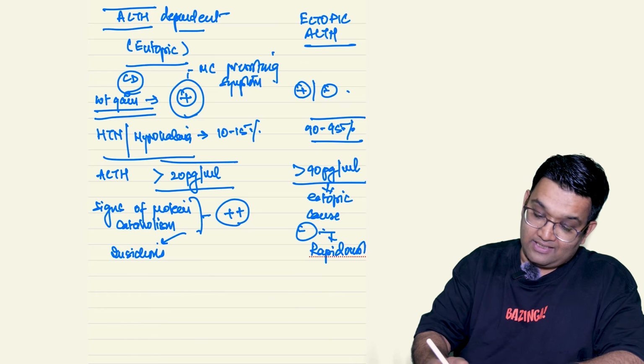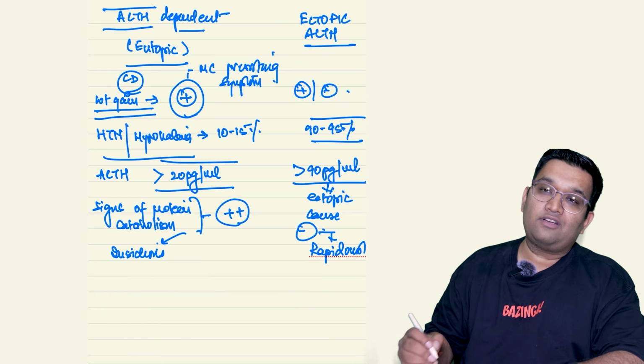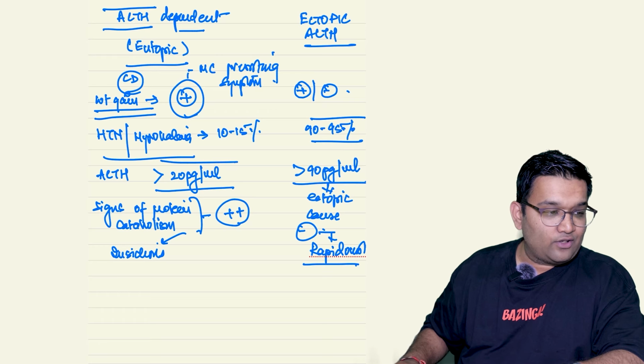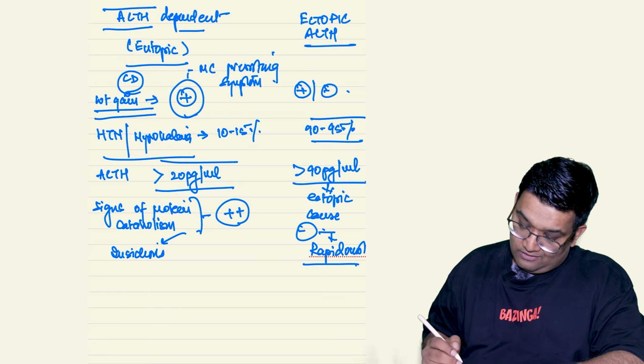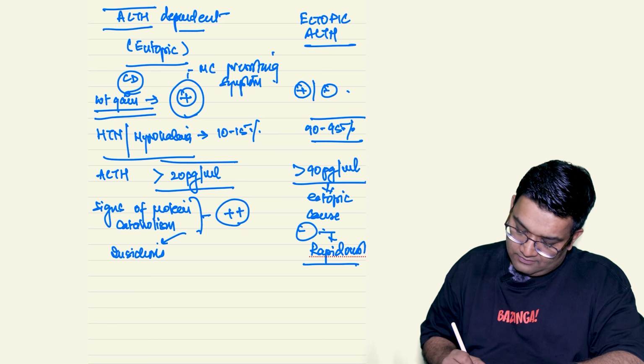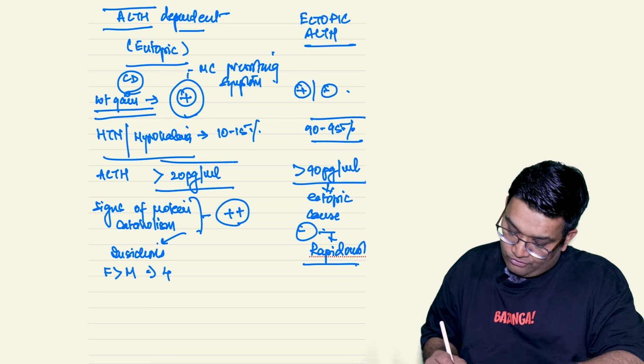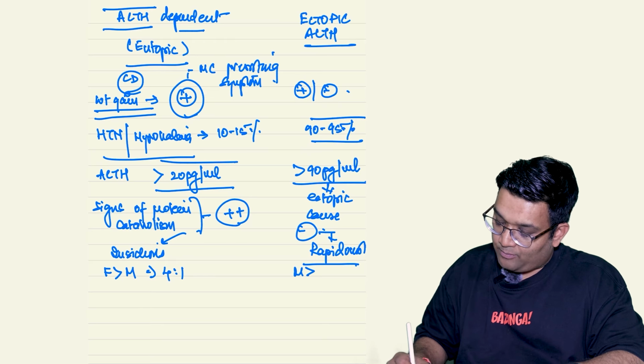While the ectopic are classically going to be your rapid onset diseases. After this, what we need to see is the gender preponderance. So here it is going to be female more than male, that is 4:1, while here male preponderance is going to be there.